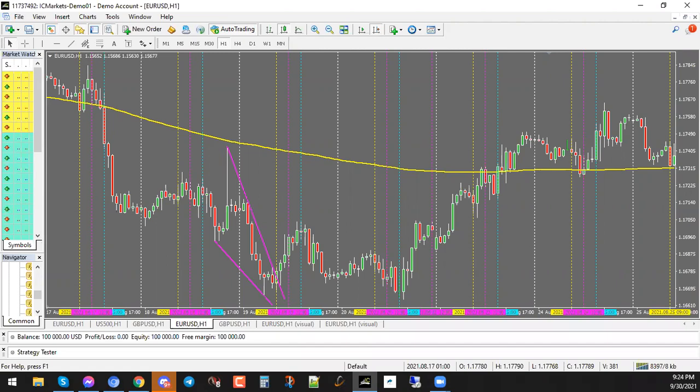Can someone tell me why this would be an ending formation? Anyone? Just let me know why you would consider this to be an ending formation. Okay, Grace says it's going opposite the trend.